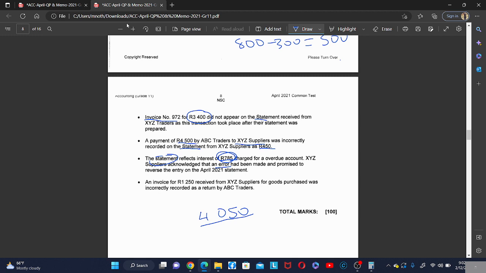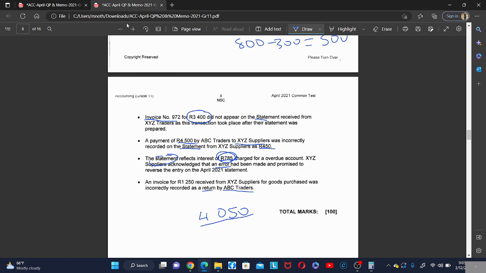An invoice for 1,250 received from XY suppliers for goods purchased was incorrectly recorded as a return by ABC traders. So meaning that we bought the goods from XY suppliers, but we recorded them as a return, meaning that we decreased our creditors ledger because we recorded this as a return.